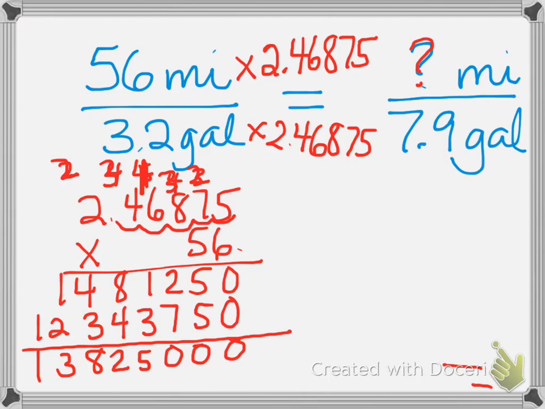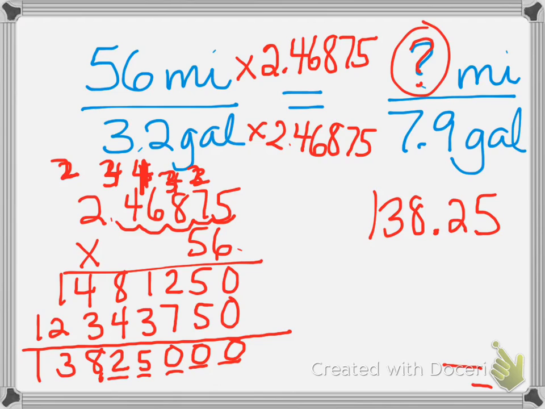So my answer should have 5 decimal places. So I should have a decimal here. So my answer then is 138.25 miles is how many miles that I could go if I had 7.9 gallons of gas. Alright?